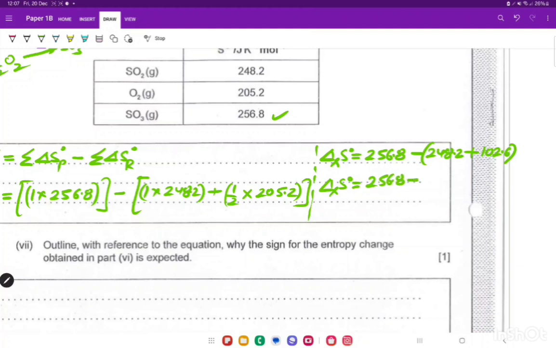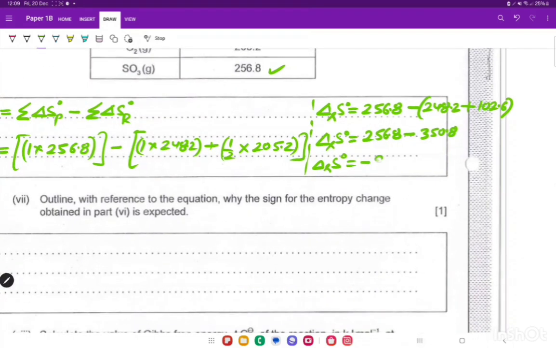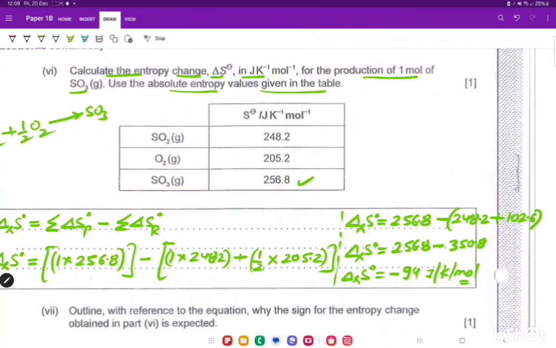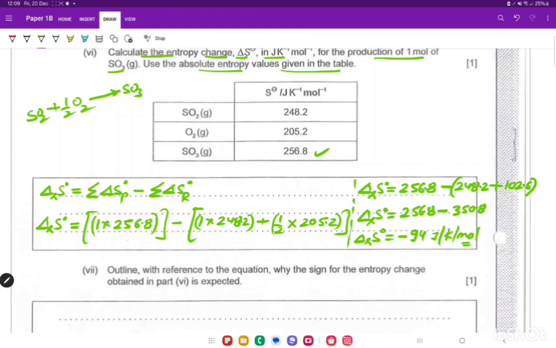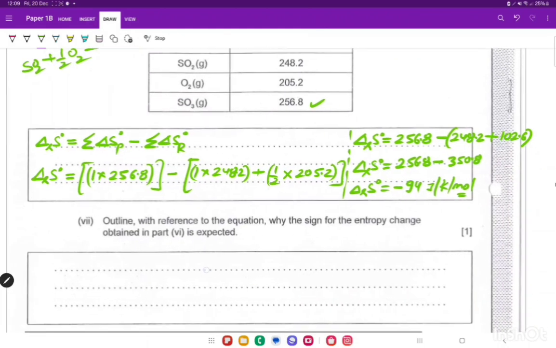The sum of these two is 350.8, so 256.8 minus 350.8. When I calculate it, it comes out to be minus 94 joule per Kelvin per mole. This will be the answer for the entropy change for the reaction SO2 plus half O2 gives you SO3. Entropy of products minus entropy of reactants, and we get minus 94 joule per Kelvin per mole.